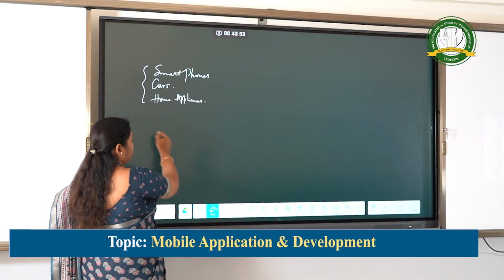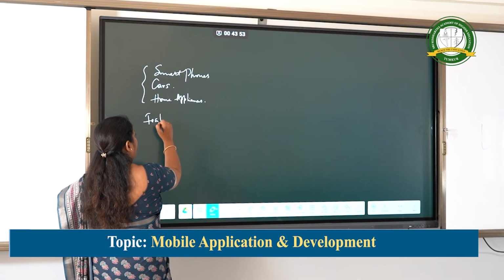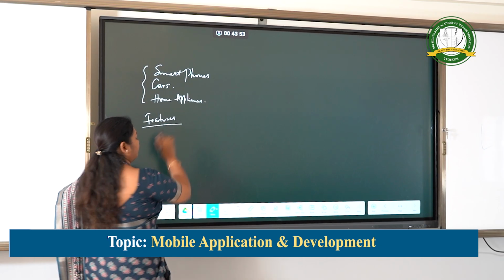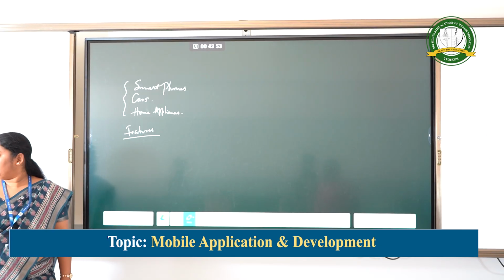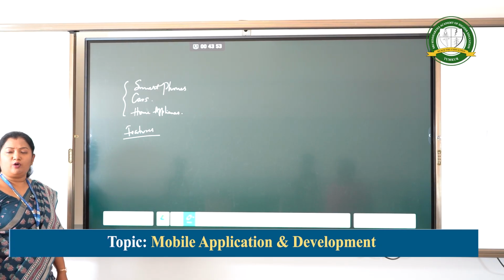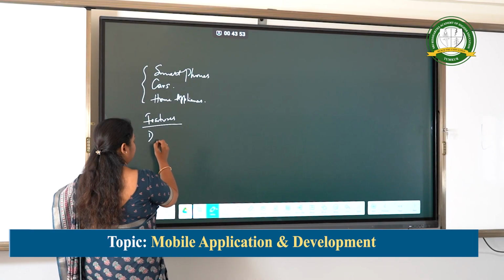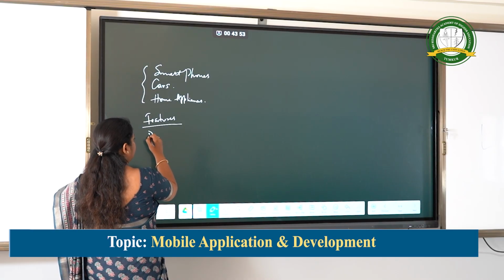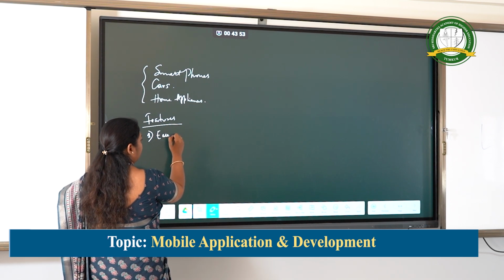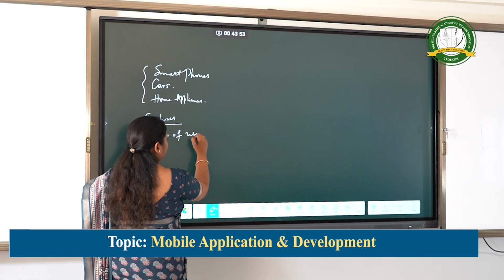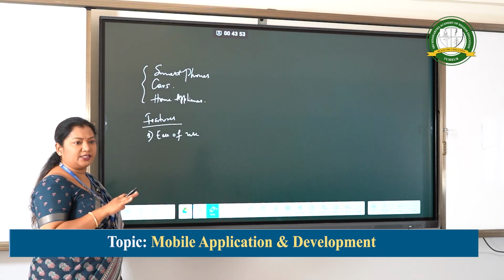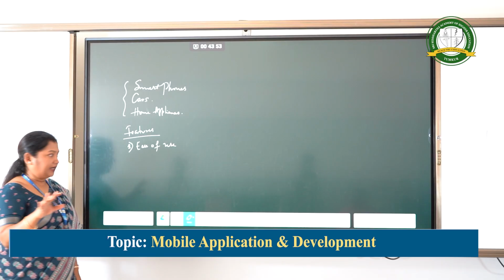Next, let me tell you the important features of Android. What do you mean by features? Features are nothing but important properties of mobile applications. First and foremost, a feature of Android applications is ease of use, which is human friendly.